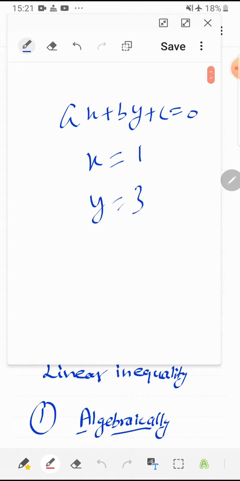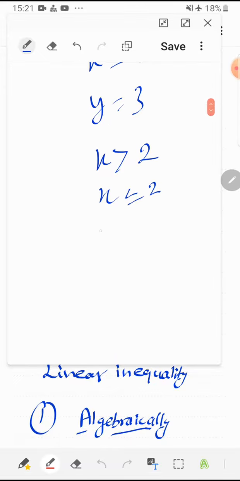Now when we say inequality, that means like x is greater than 2, x is less than or equal to 2, 2y plus 7 greater than or equal to 0. Inequality means when both sides are not equal, they are having a greater than or less than sign, and in that case the solution is also not a single number.